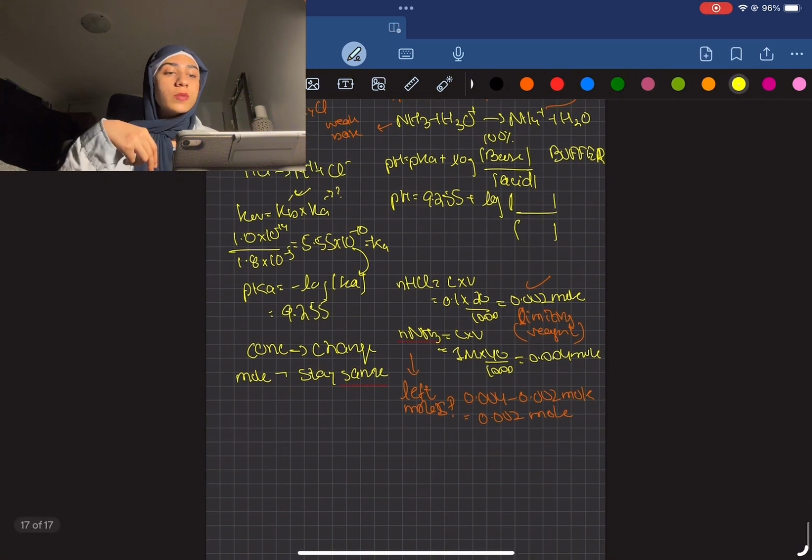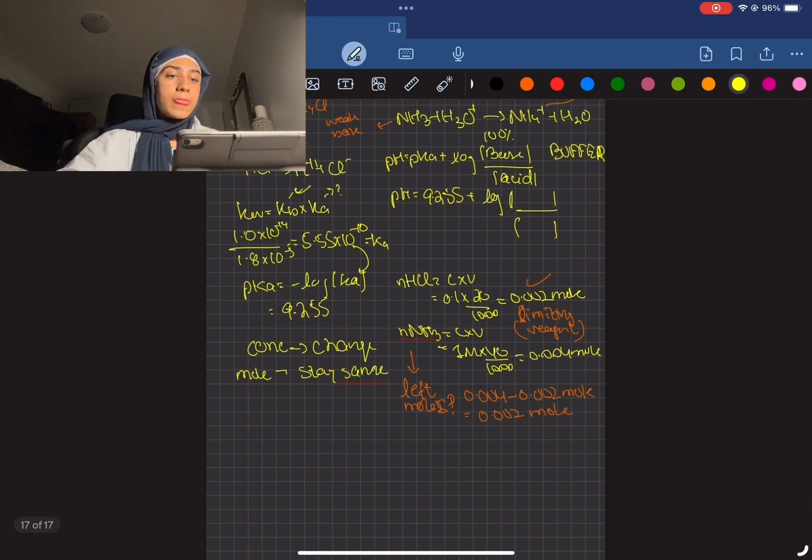So your total volume now would be 60 mLs. Using that information, you're going to find the concentration that is available to you in these two places. Because your moles stay the same, I can just use the same number of moles that I had for NH3, which are the leftover moles, which are 0.002.